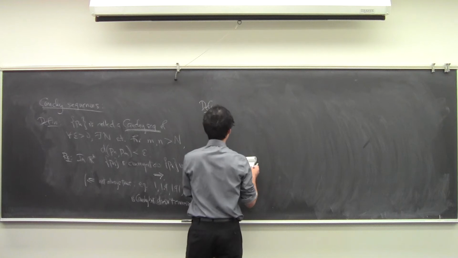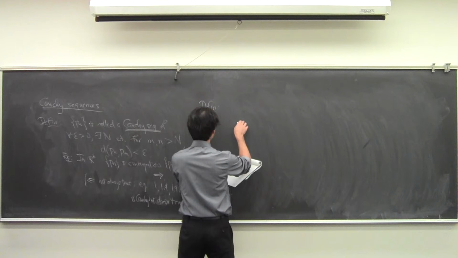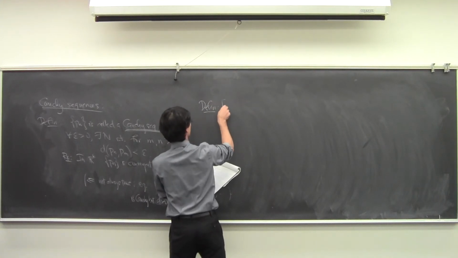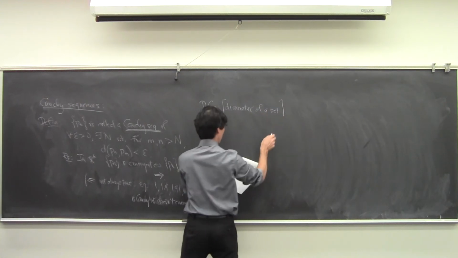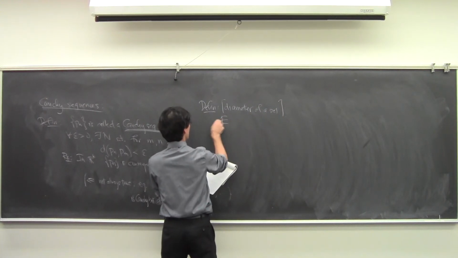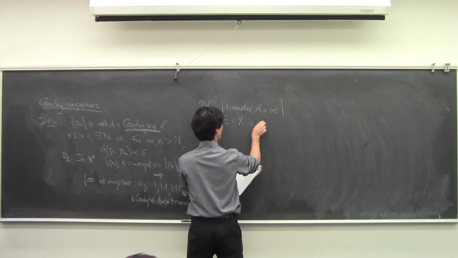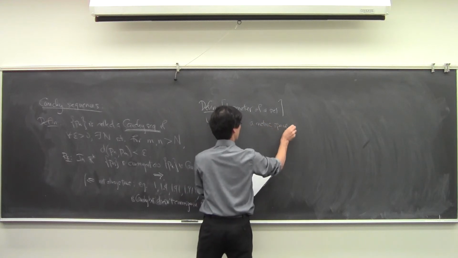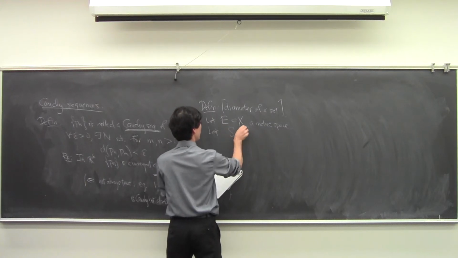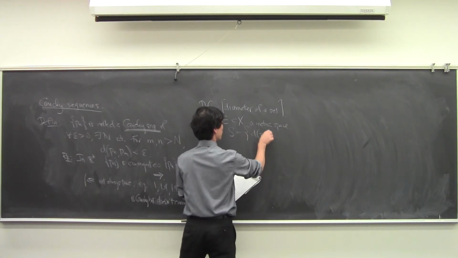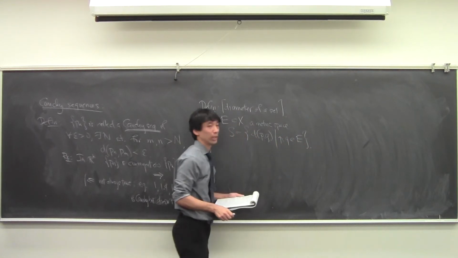A nice concept that you can use to visualize this is the notion of a diameter of a set. Let E be some subset of a metric space, and let S be the collection of all distances between pairs of points.